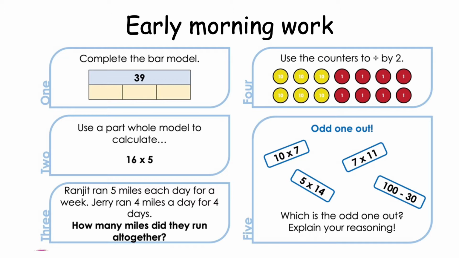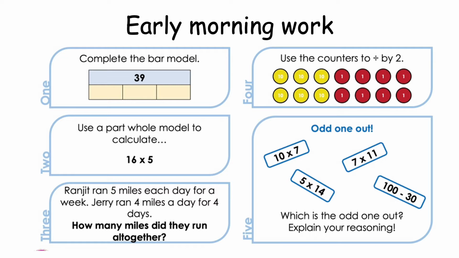Ranjit ran 5 miles each day for a week. Jerry ran 4 miles a day for 4 days. How many miles did they run all together? And number 4, use the counters to divide by 2.